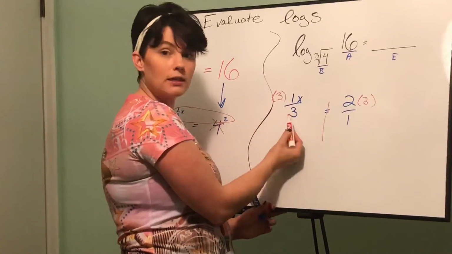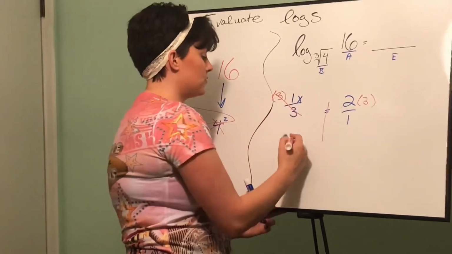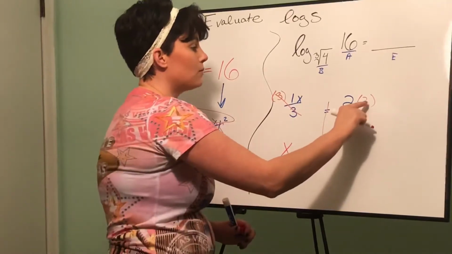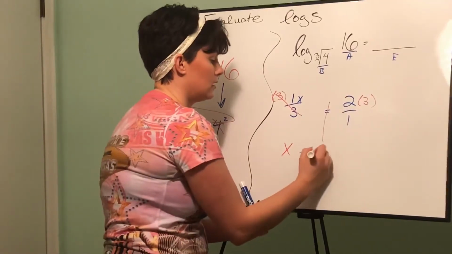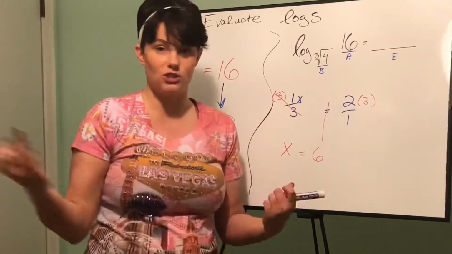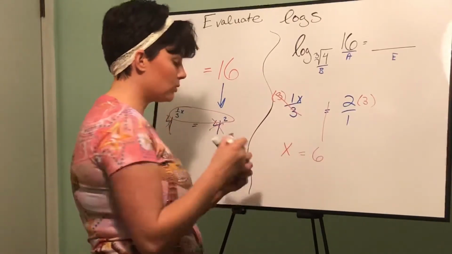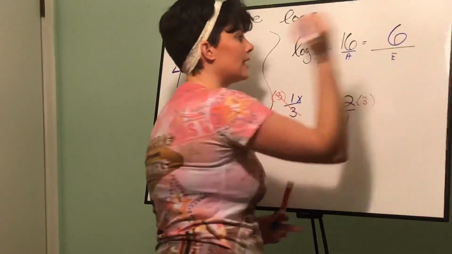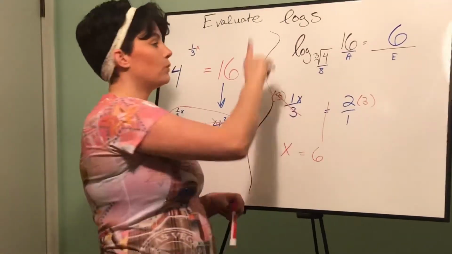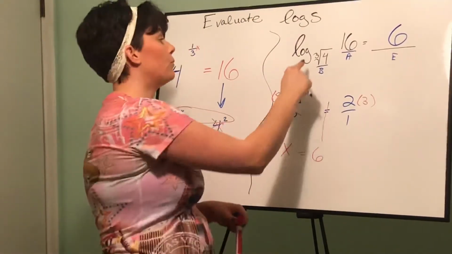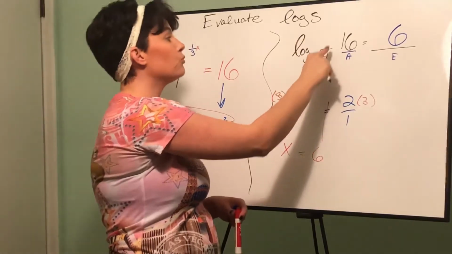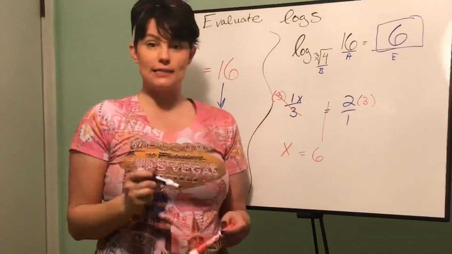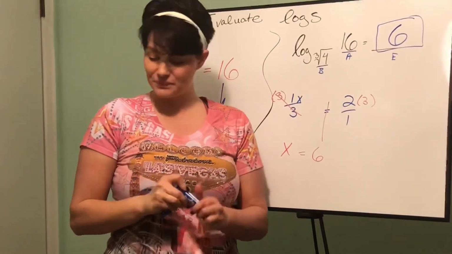The times 3 and the divide by 3 cancel, and that leaves you with 1x, which is just x. And then 2 times 3 is 6, and over 1, which is just 6. So x equals 6. So here, 6 is the answer. We had to go through all that work to solve it, but the log base cube root of 4 of 16 equals 6, and so we've just evaluated that.